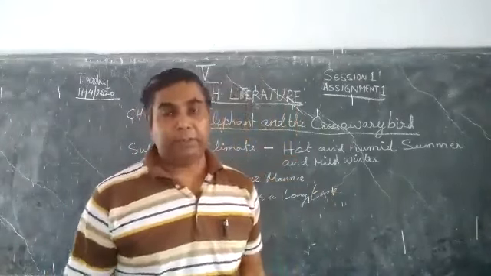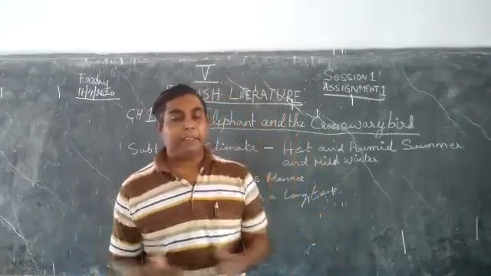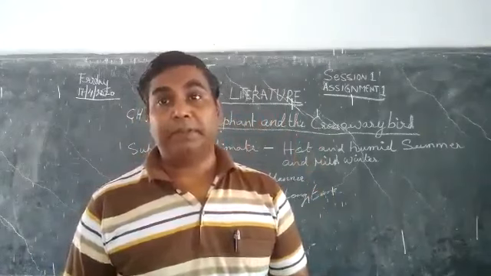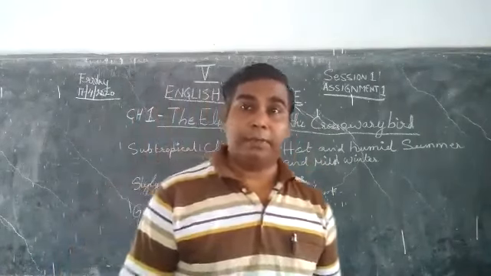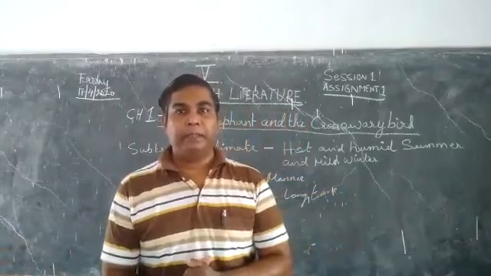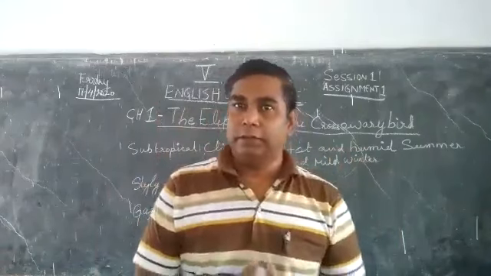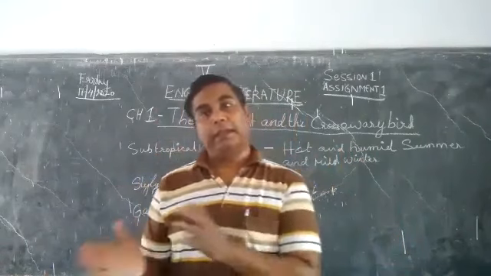Now, the first chapter in the English literature book is The Elephant and the Cassowary Bird. This chapter is a very funny story between a cassowary bird and a baby elephant. A cassowary bird is a little different from a turkey and an ostrich.